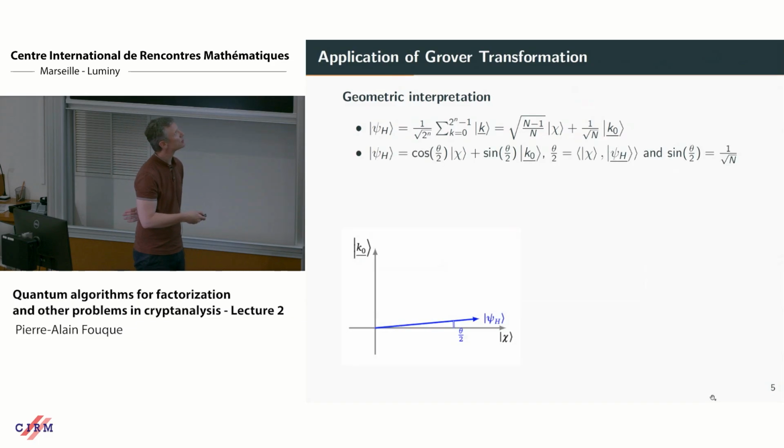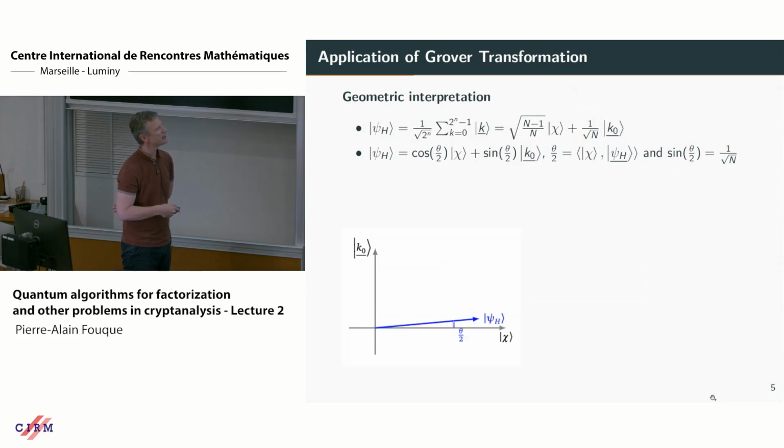So the best way is to represent it geometrically. In some sense, here you have the sum of all other states. They live in some hyperplane here, and orthogonal to this hyperplane you have the direction here, ket k0. And this is ket psi h.